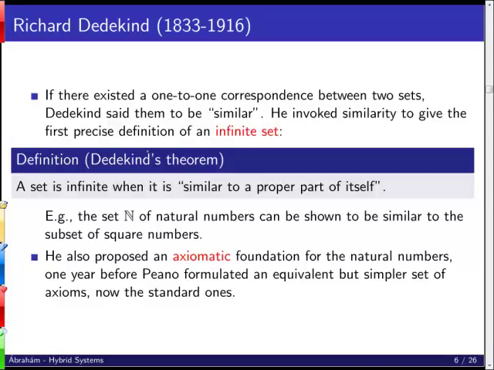He said that a set is infinite when it is similar to a proper part of itself. And similar means that you have a one-to-one correspondence between two sets, a kind of bijection. So, for example, you have the natural numbers. If you take the whole natural numbers, or only the square numbers, then you can define a function which assigns to each natural number a square number and vice versa.